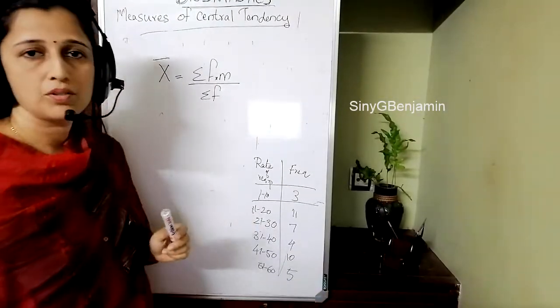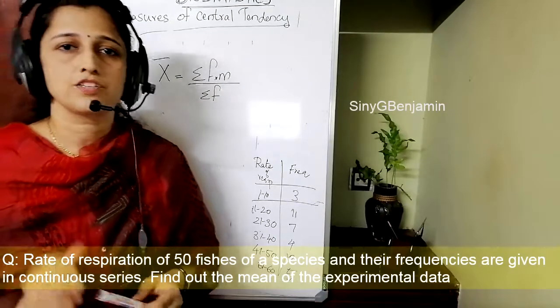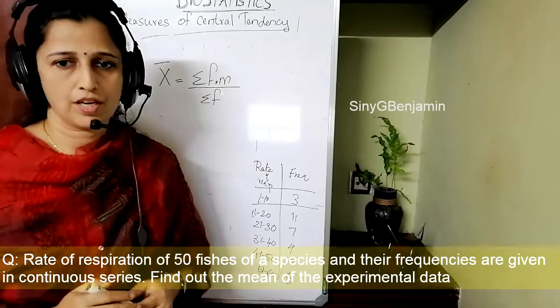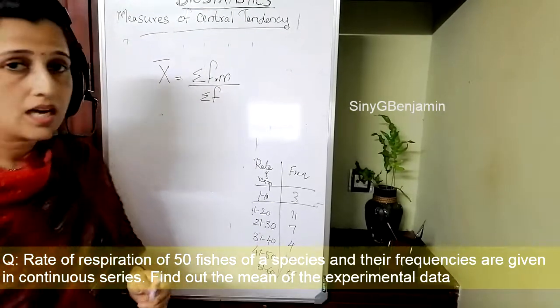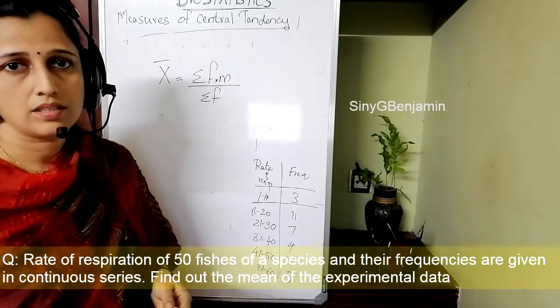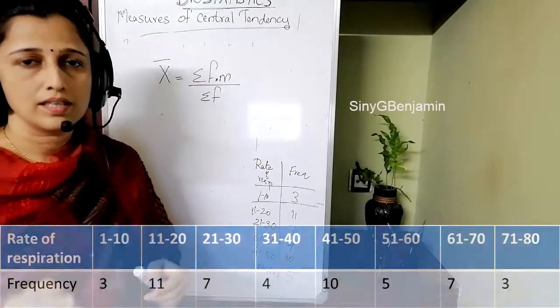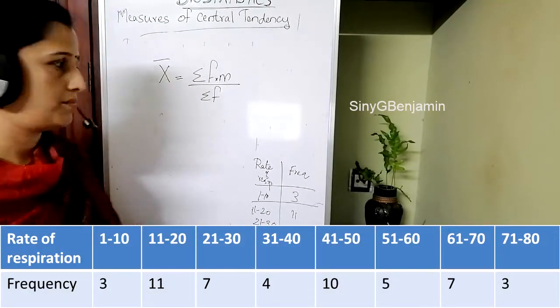So, in the example you can see here, the question is the rate of respiration of 50 fishes of a species and their corresponding frequencies. In this question we have to rewrite the table into a table with 4 columns.